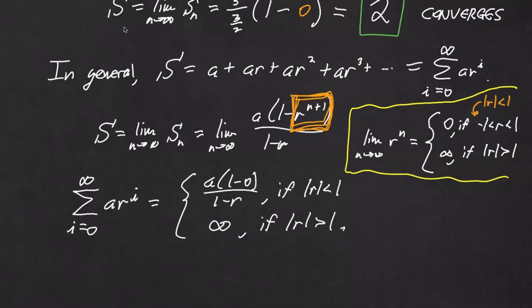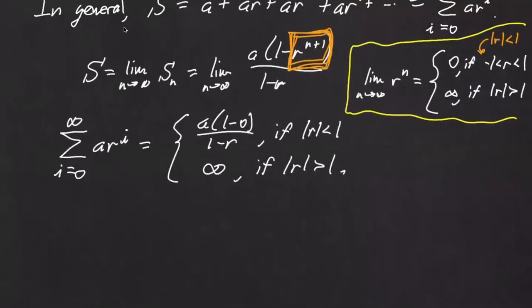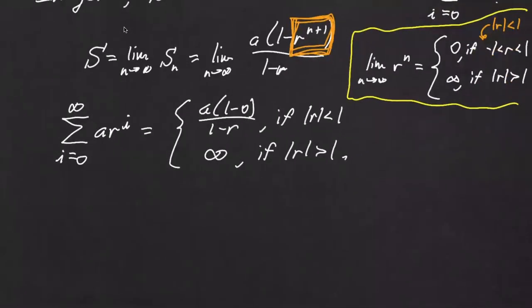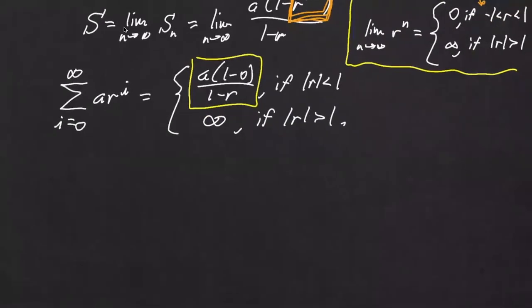And so in fact, this part of it is sort of nice. This actually simplifies to just a over 1 minus r. And this is kind of a famous formula, if you've ever looked at this stuff before, or anybody who studied this will remember this, or can conjure it from memory.